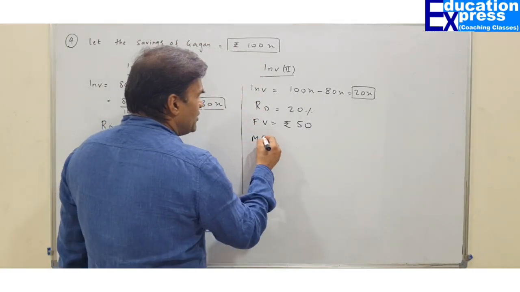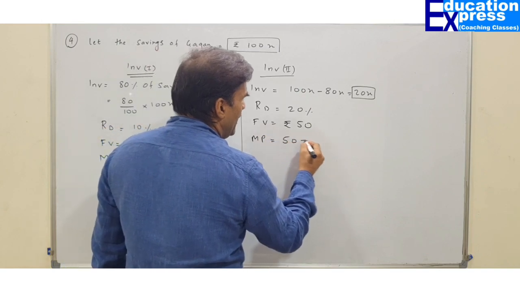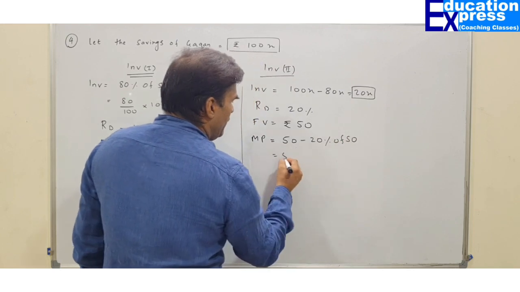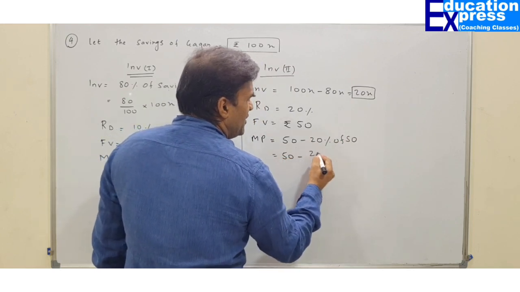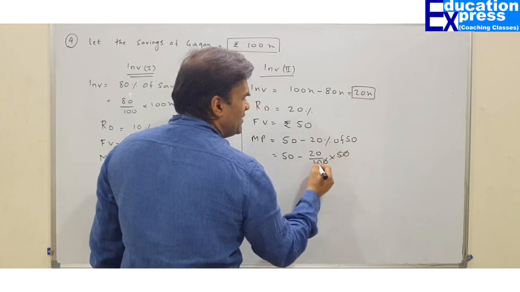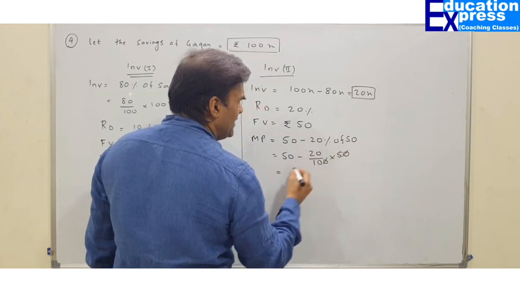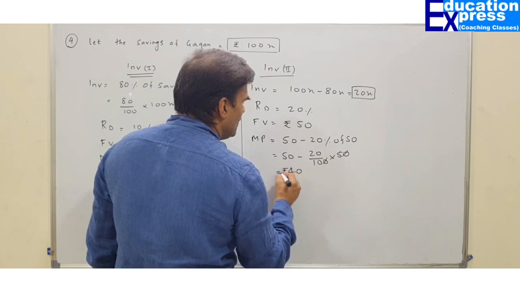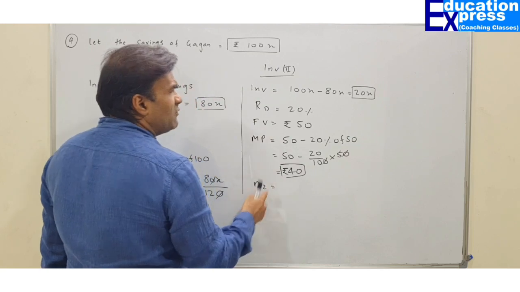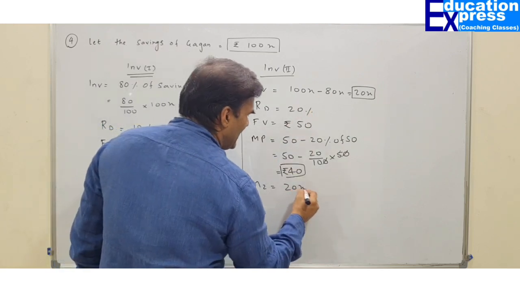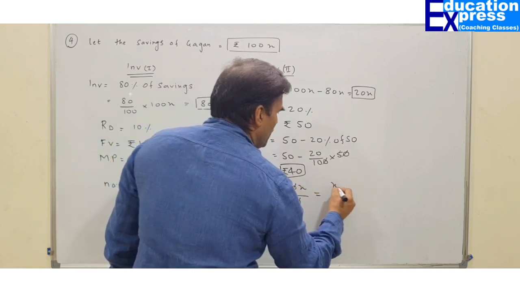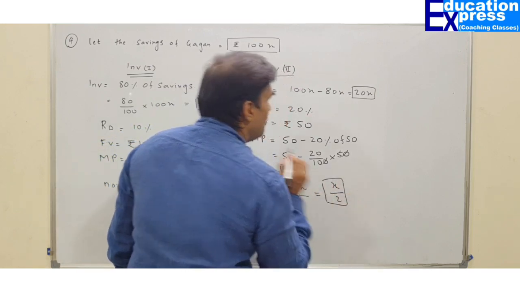So the market price of the share is going to be 50 minus 20% of 50. That means 20 upon 100 into 50. 0, 0, 1s and 2s. That's going to be 50 minus 10, that's rupees 40. If I want to find the number of shares, it would be investment 20x upon market price. Same way, 0 cancels 0. x upon 2. So I know the number of shares.